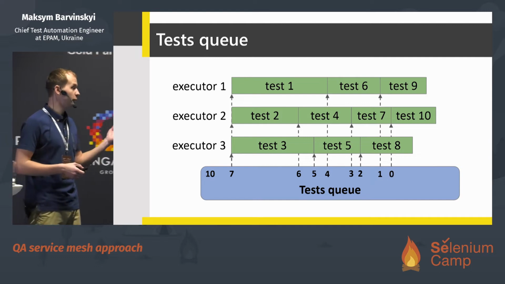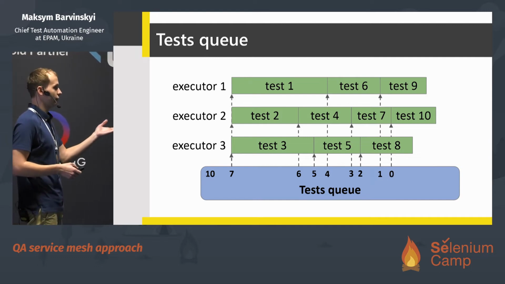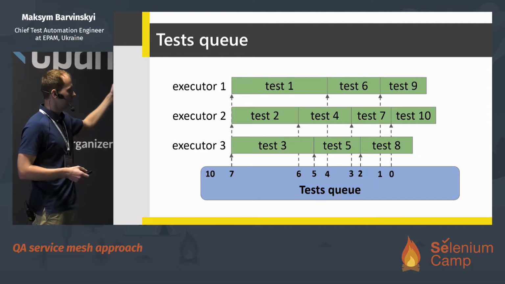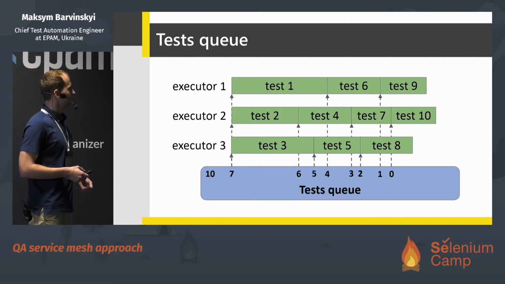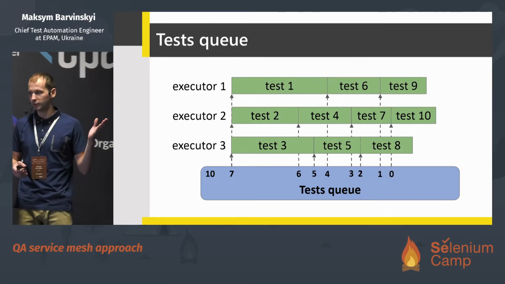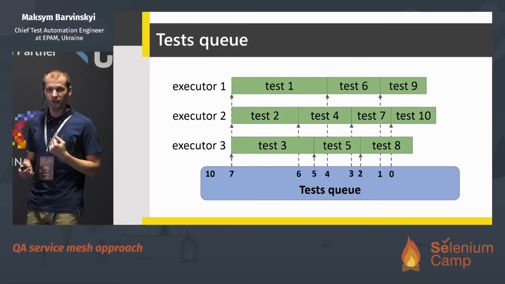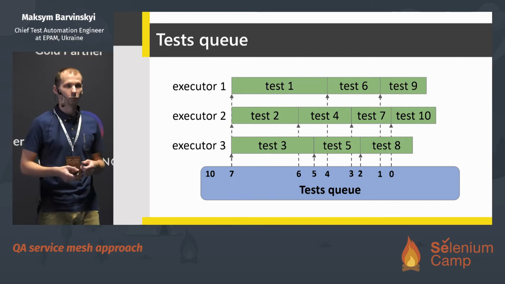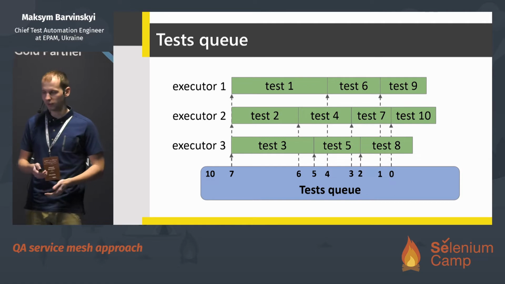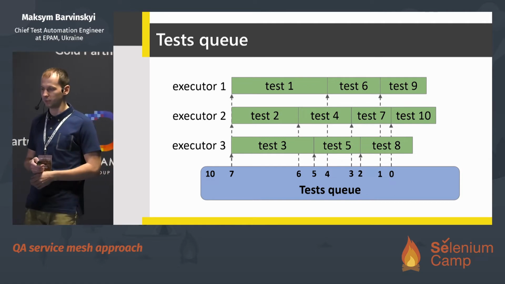For example, it could be the test queue, basically, and your executors could work with it like that. Just ask for another test to run it, and then ask for more until the queue is empty. It is basically the most efficient way of test parallelization.